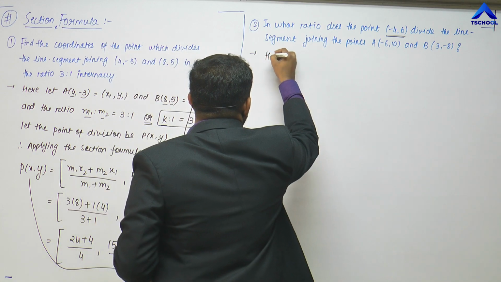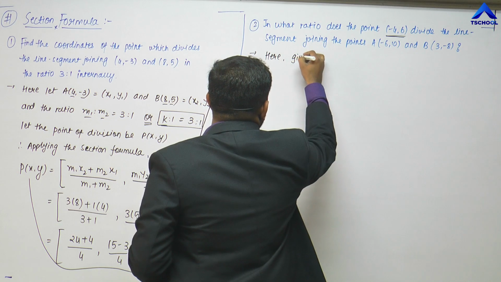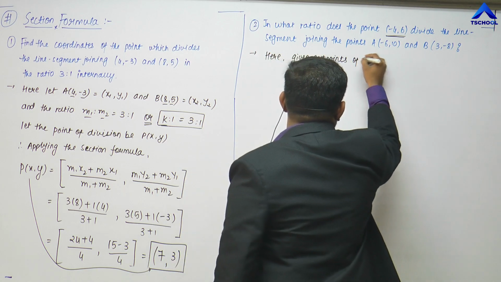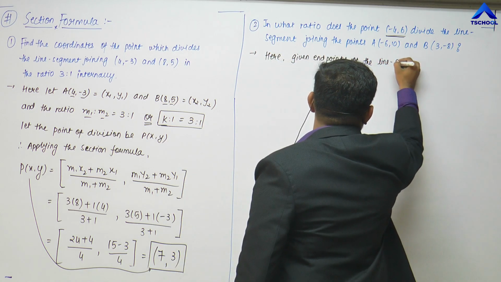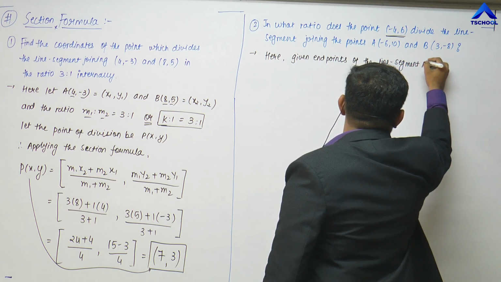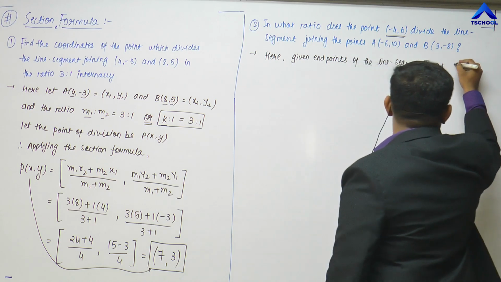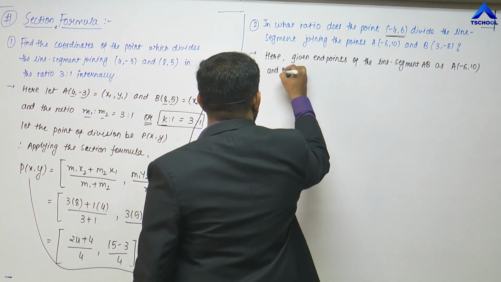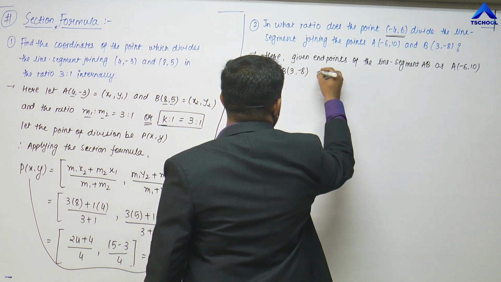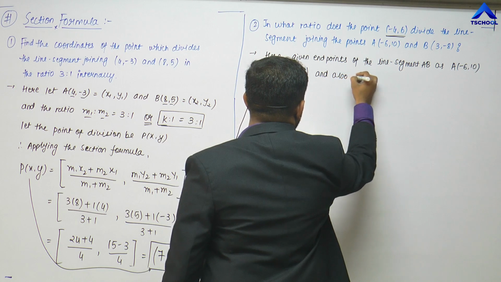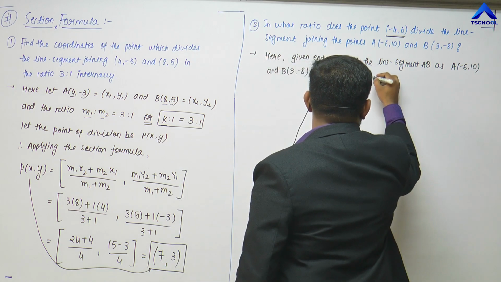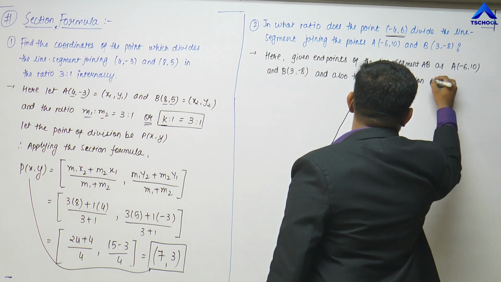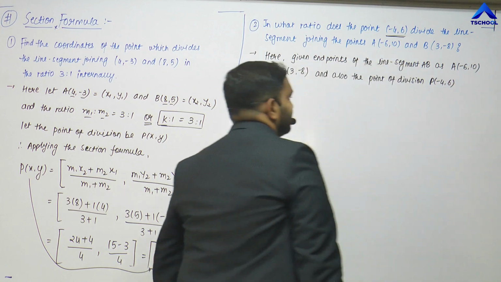So here, given endpoints of the line segment AB as A (-6, 10) and B (3, -8), and also the point of division P (-4, 6).